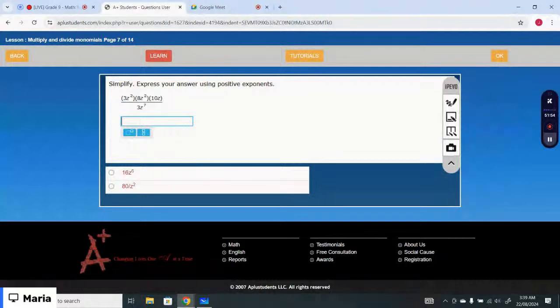The correct option is option number 2, that is 80 divided by z square.